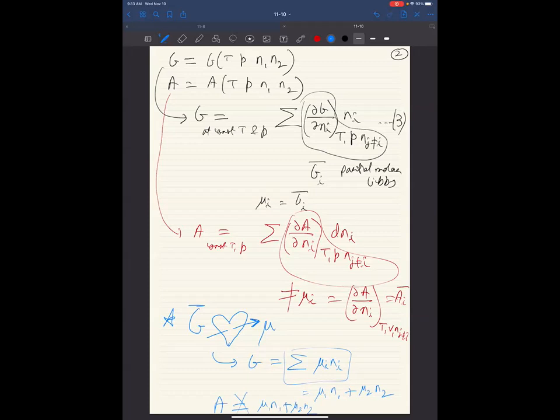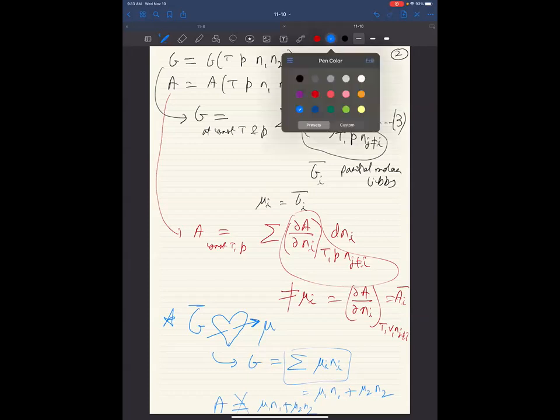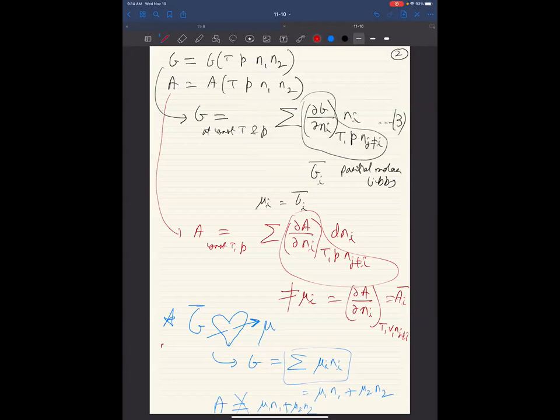In other words, mu for a one component system is G per mole.